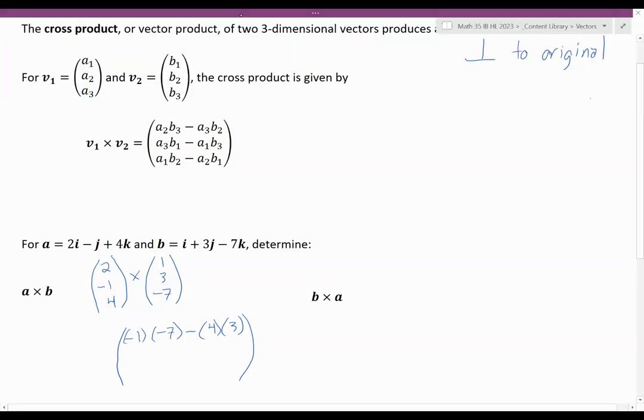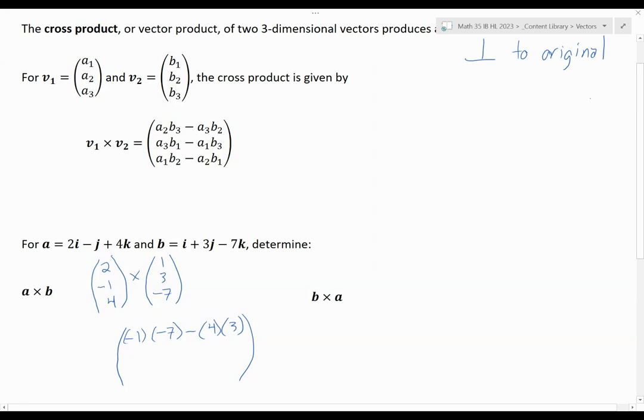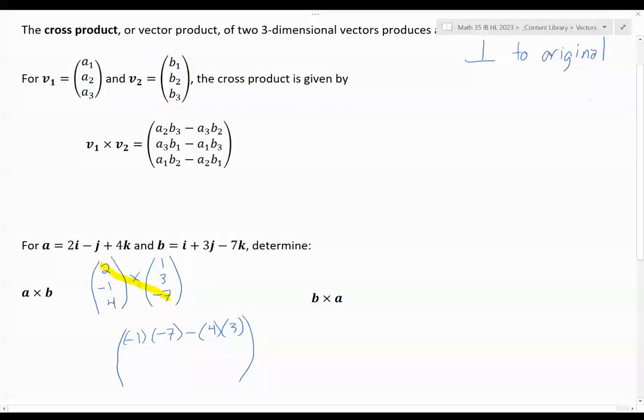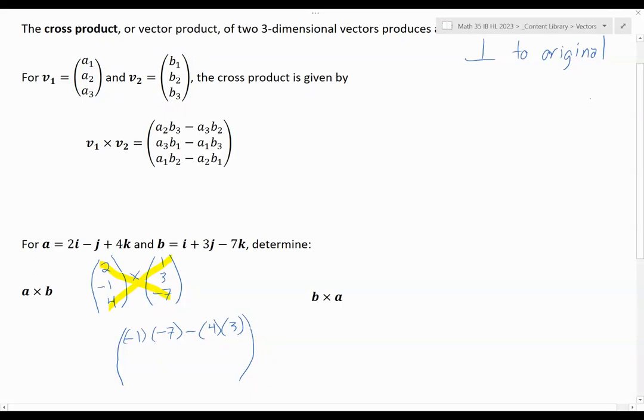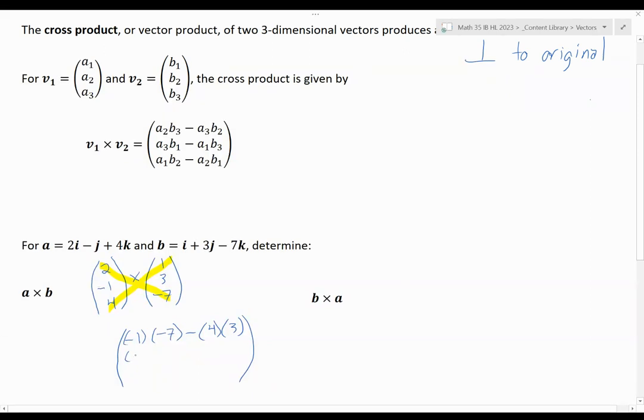For the second component, I'm ignoring the second components and I'm going to multiply the first and thirds, but notice that the subtraction gets done in the opposite order. So I start with the third component of the first vector, so 4, times the first component of the second vector, so 1, and then I subtract first component times third component.